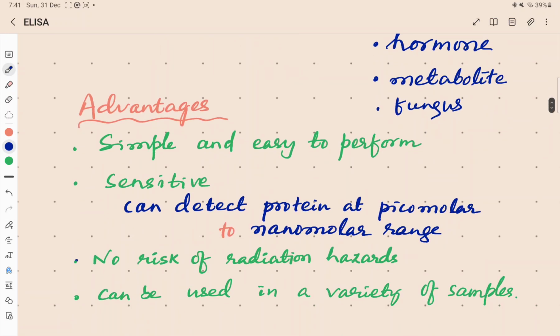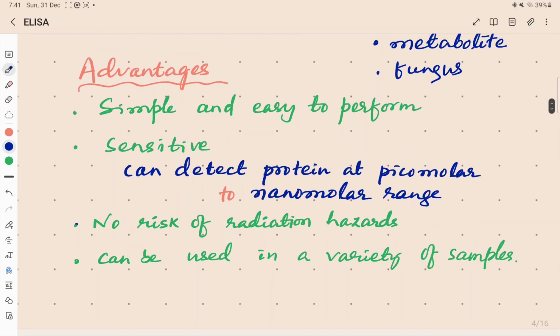So what are the advantages of ELISA? It is a simple and easy technique to perform. It is sensitive. It can detect in the picomolar to nanomolar range, 10 to the power minus 12 to 10 to the power minus 9 molar.